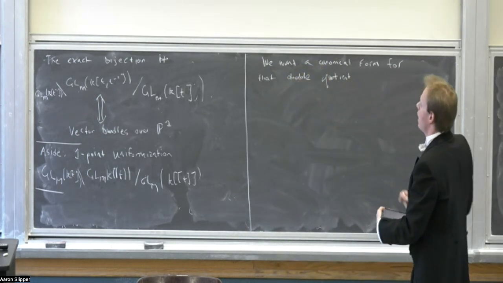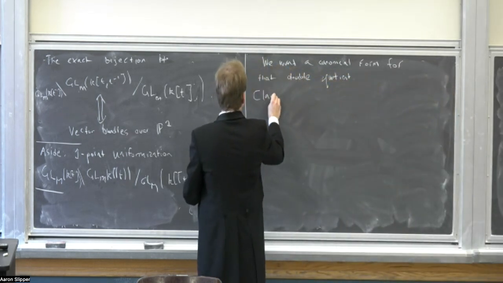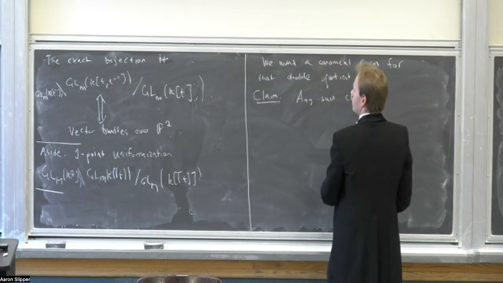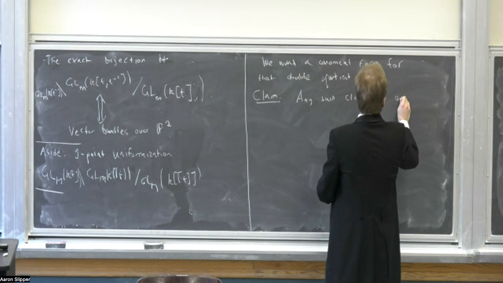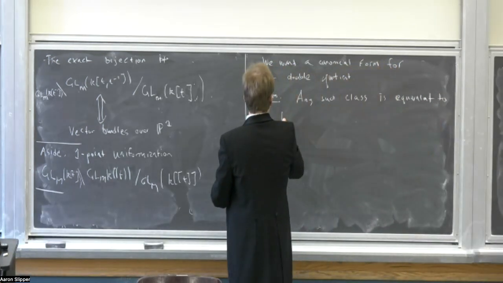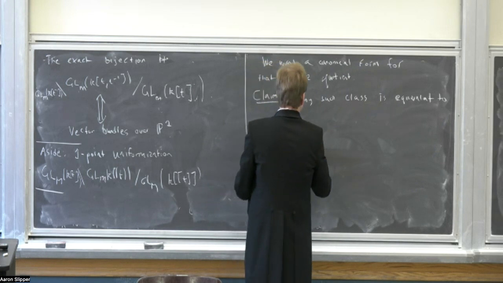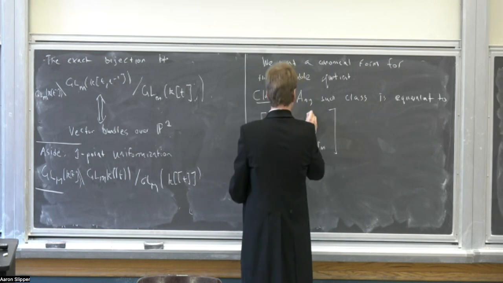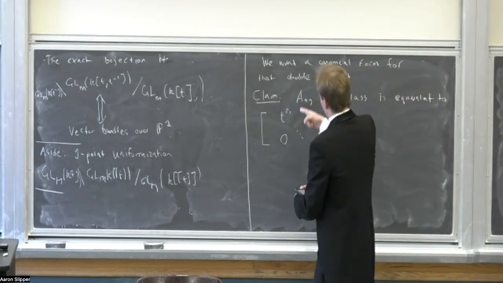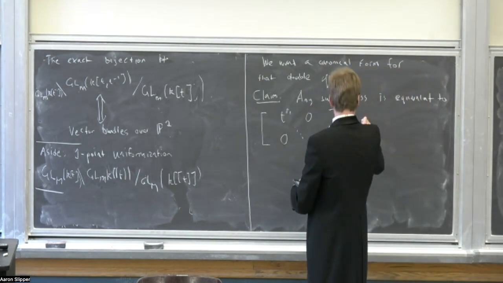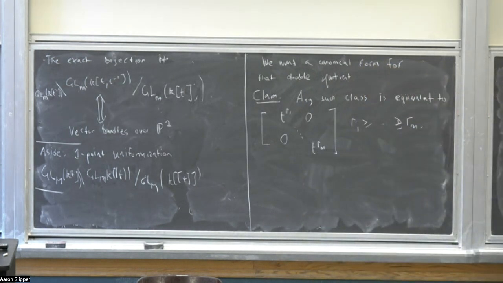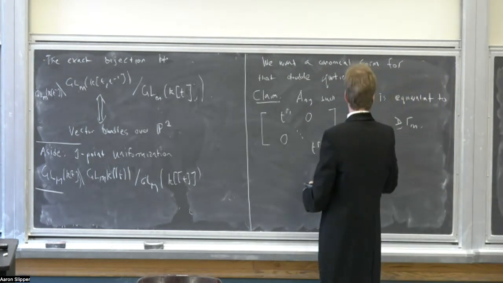And so this is now not such a difficult thing, and so the claim: any such class in this double quotient is equivalent to the diagonal matrix given by t to the r1 up to t to the rm, where we may assume, you can always use a permutation matrix to reorder these, that r1 is greater than or equal to, and so on, greater than or equal to rm. And the ri's are in Z, of course. They are certainly not necessarily positive.